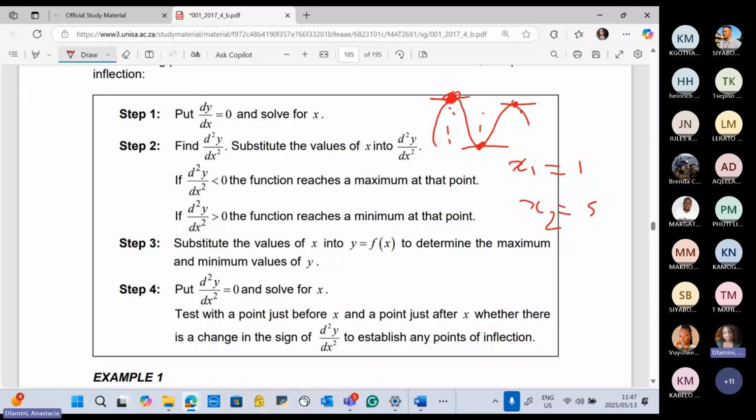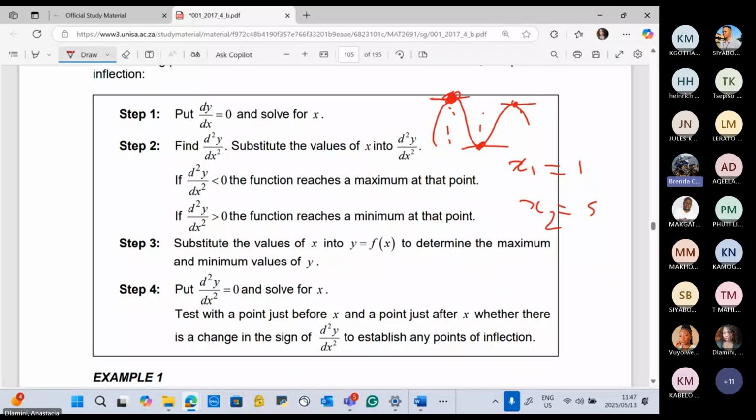Then from the values of x, like if it is, let's say 5, maybe I'll take 7 and I'll take -1 and test. Then I see if the sign changes.